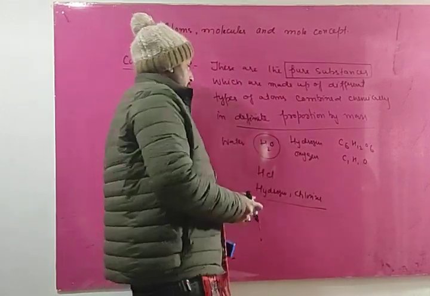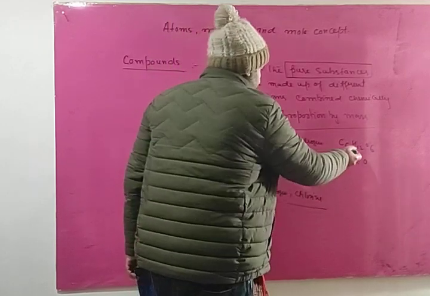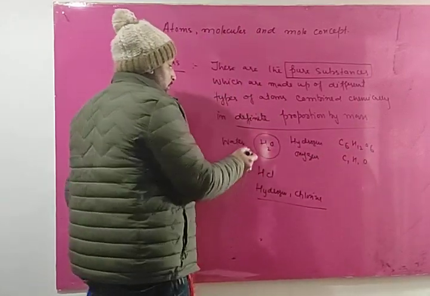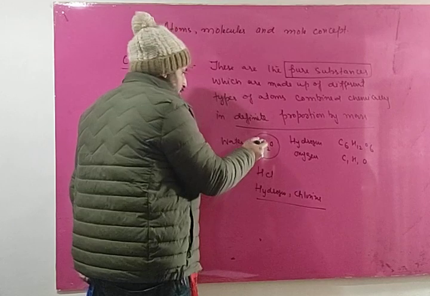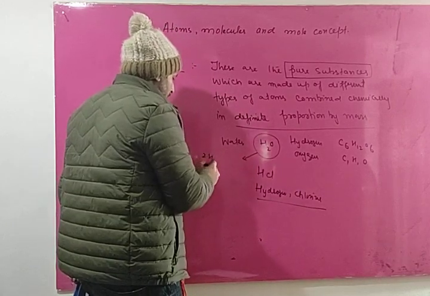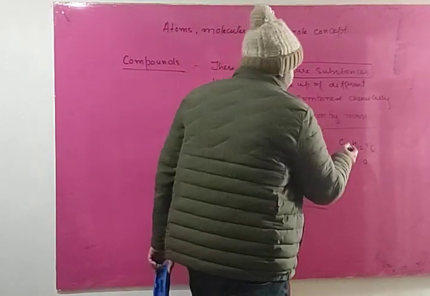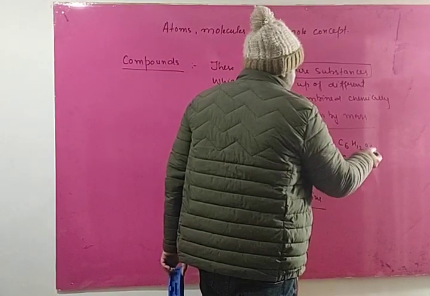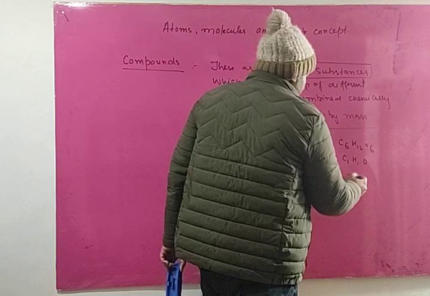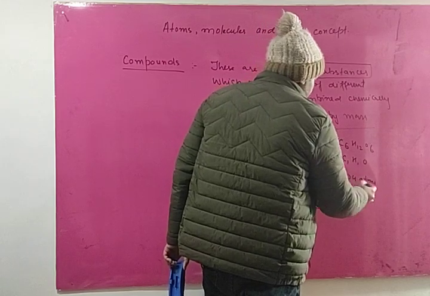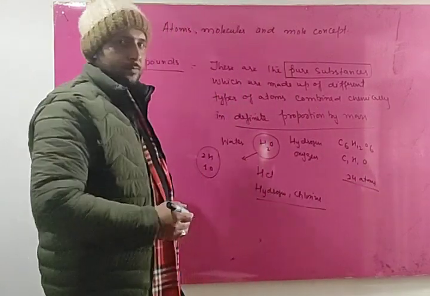Alright, so this is the molecule of water, this is the molecule of glucose, because this is a group of atoms. How many atoms? 3. 2 hydrogen atoms and 1 oxygen atom. So 3 atoms, it's a group of atoms. Here it's 12 plus 6 plus 6, so it is 24 atoms. They have combined, so it's again a molecule.